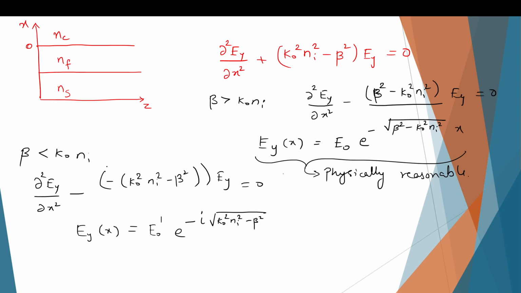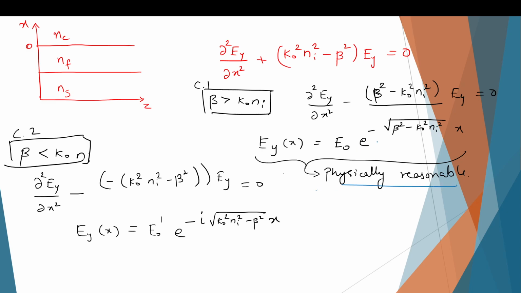because of the condition. So this is our case 1, this is our case 2. Sorry, I forgot to put an x. In case 1, we see that we get an exponentially decaying solution. Because I can put this as some gamma, then this is of the form e naught e power minus gamma x.